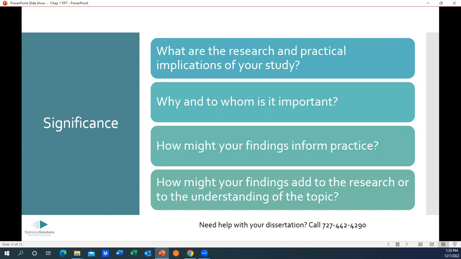And it usually has two prongs: contributions to research, or how your findings might be significant to research, and contributions to practice, or how your findings might inform practice, right? So for research and/or theory, this is kind of forward looking. How might the information that you get from your study inform or contribute to the literature?